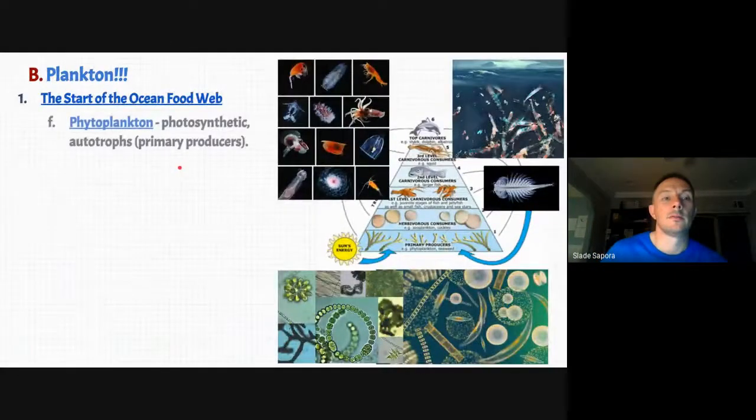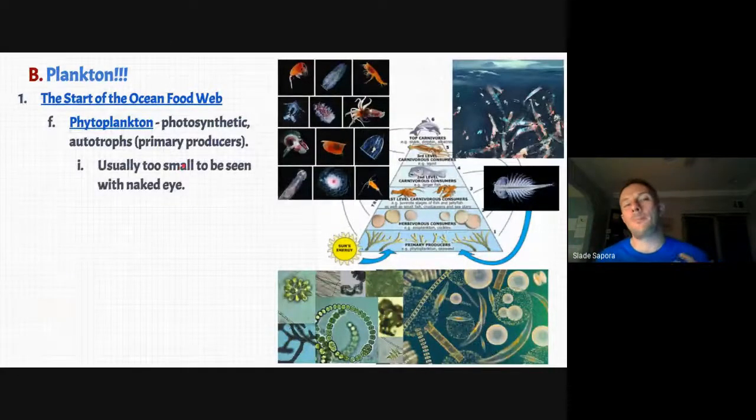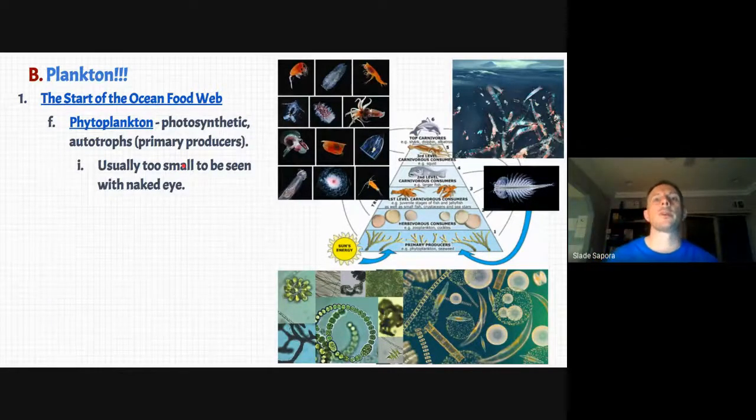Okay. So at the very base of the ocean food web, at the base of any food web, are your primary producers, right? Your things that do some sort of synthesis of non-organic material into organic material. Generally, we think of this as photosynthesis because that's the majority of biological synthesis that goes on here on planet Earth.